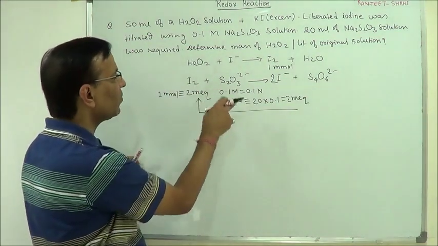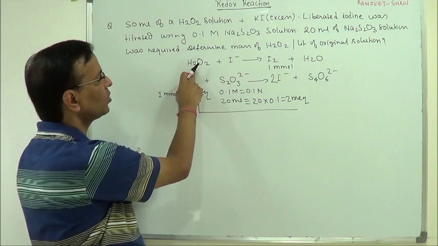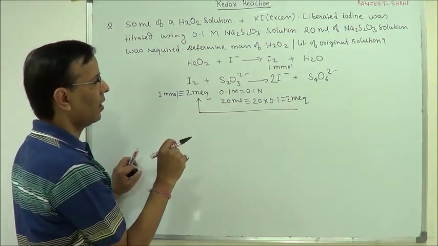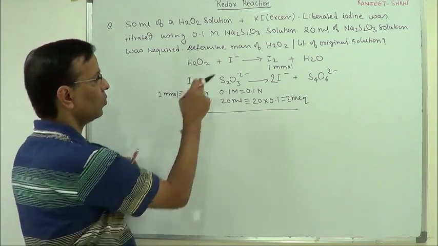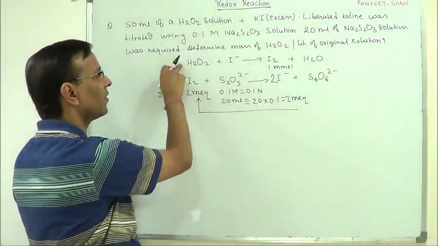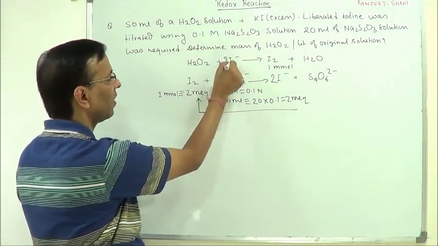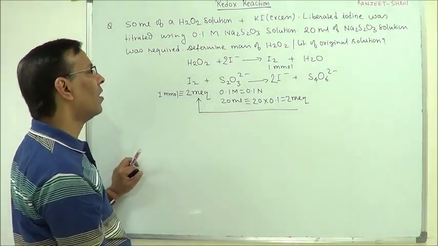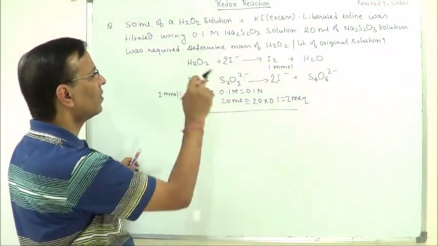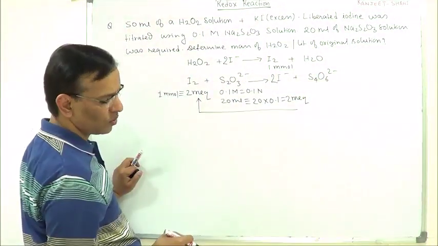If we balance this, we know that N factor of H2O2 is 2 and N factor of iodide is 1. So 1 will come here, N factor of this will multiply here, and N factor of this will multiply here. So they will react in 1:2 molar ratio.